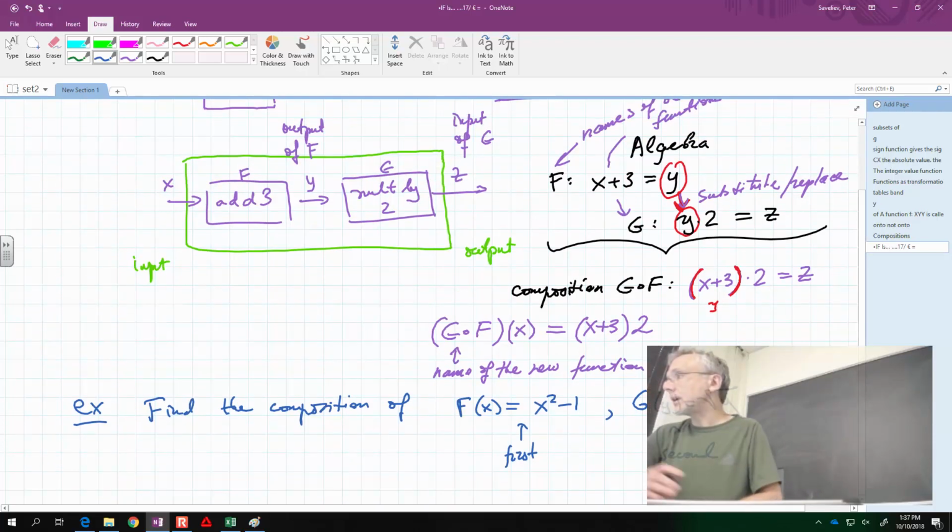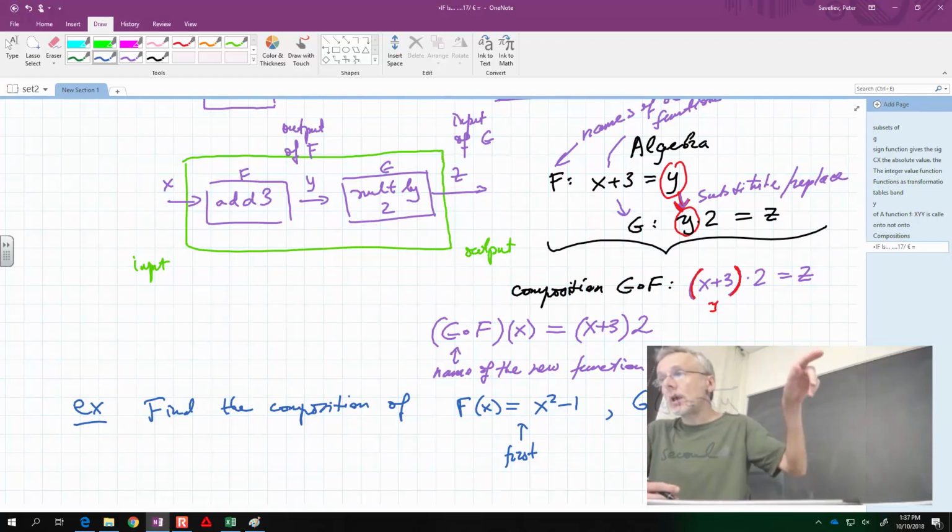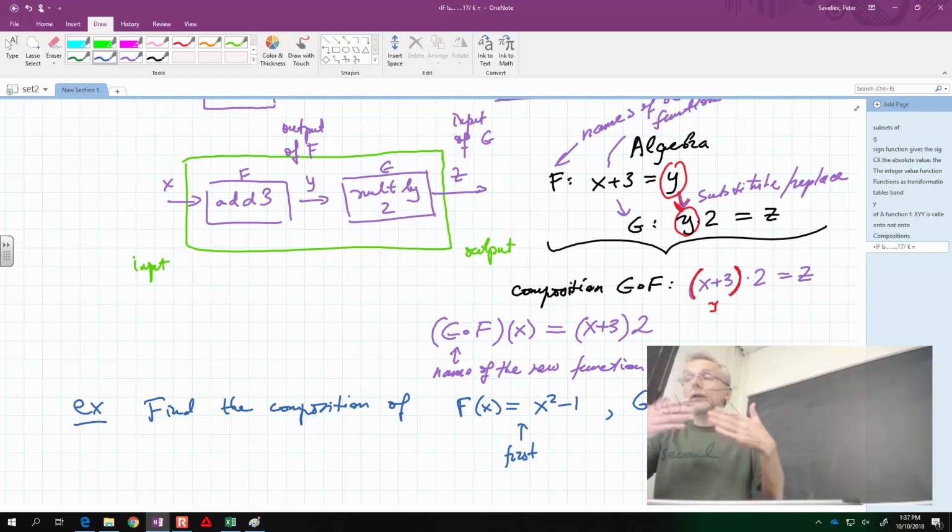Let's take a step back and realize that replacing the order f followed by g with g followed by f would produce a different result, right? They don't match together as easily as this. But you can imagine that if you rename the variables, you can have operations first multiply by 2, then add 3. What's the formula? So I start with x, multiply by 2, add 3.